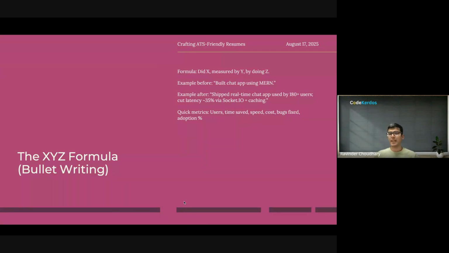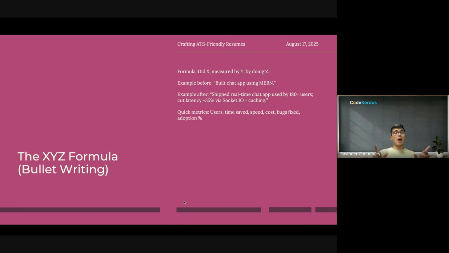If you are simply writing "building chat app using MERN," it is not very impactful. It is not making any difference. It is not telling the interviewer what you achieved by making that. But if you rewrite it using the XYZ formula, you can say something like "shipped real-time chat app used by 180+ users and cut latency by 35% via Socket.io plus caching."